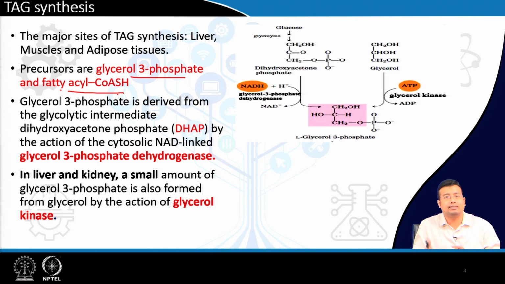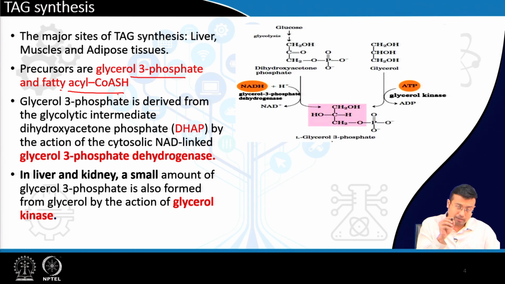Simple, a fatty acid can get attached to coenzyme A and it becomes fatty acyl coenzyme A. For example, when a 16 carbon palmitic acid is synthesized, it can also be represented as palmitoyl coenzyme A.